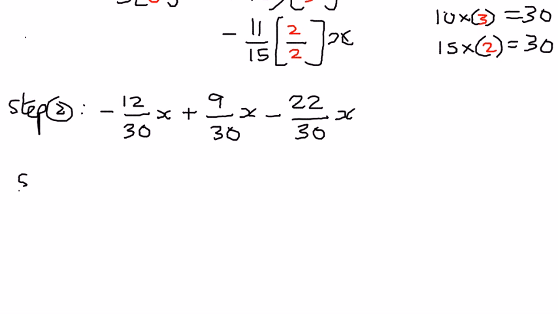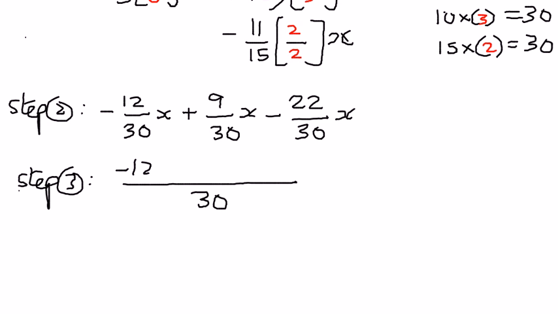Now we will simplify this some more, and we'll write that as step number 3. Since the denominators are the same, we're going to write the denominator once, and then we're going to combine the numerator parts. We have negative 12x in the numerator plus 9x in the numerator minus 22x in the numerator. Since the variable terms are all the same, this has an x, x, and an x, we can combine all of them.